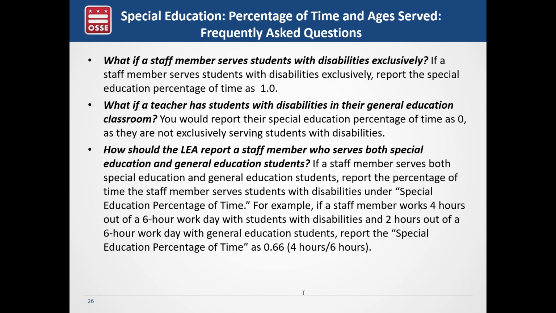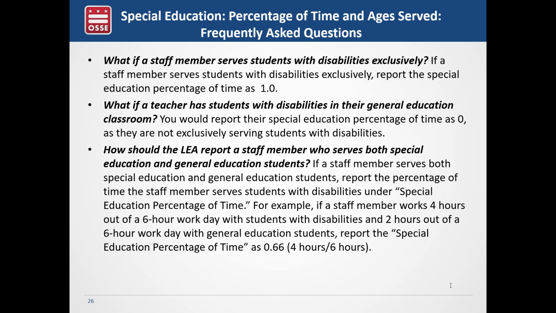So again, if a staff member serves students with disabilities exclusively, you would report their special education percentage of time as 1. As I mentioned before, if you have a teacher who has students with disabilities in their gen ed classroom, their special education percentage of time is 0. And then if you have a staff member who maybe serves half their time in a gen ed class and half their time working with special education students, then you would split their time accordingly.